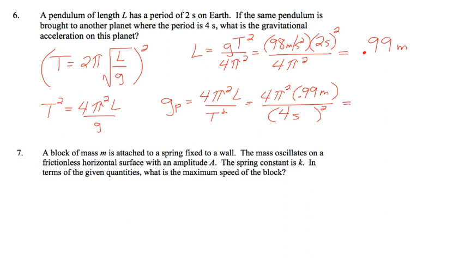And actually, looking at that, if I solve that, I should get 1/4 of that. Let me just work it out. So 4 times pi squared times 0.99 divided by 4 squared, and I get 2.44.